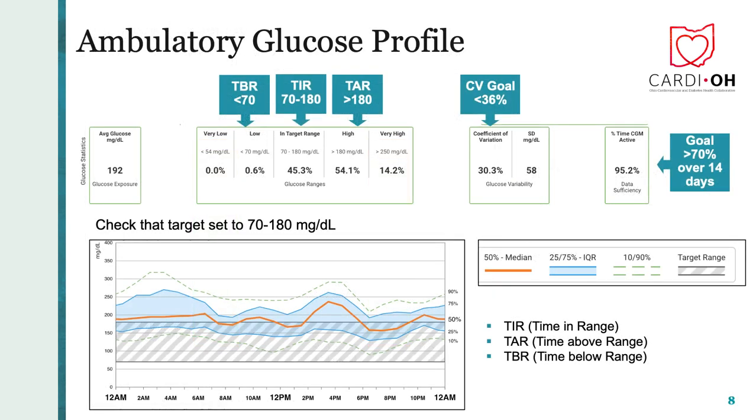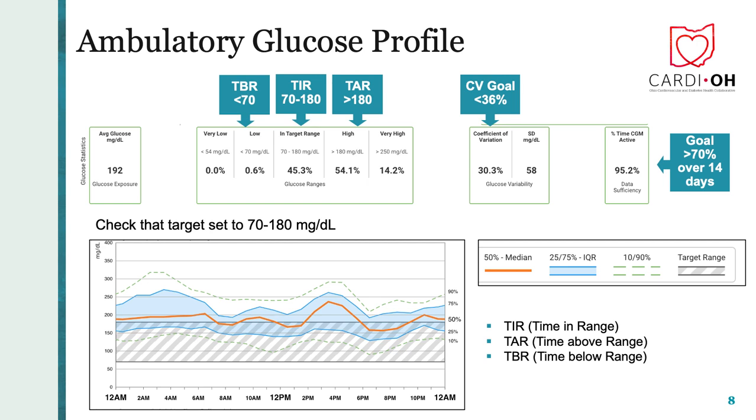Now, this is a snapshot of the different components of a typical ambulatory glucose profile, or AGP as an abbreviation. You can see your basic statistical measures like your average glucose, and then the time below, in, and above ranges here. In this case, this example is a little bit below target for any definition of whether you're looking at relaxed or more tight glucose levels.